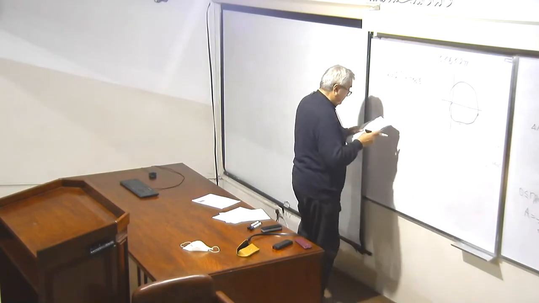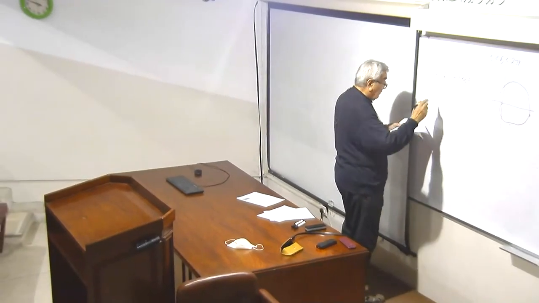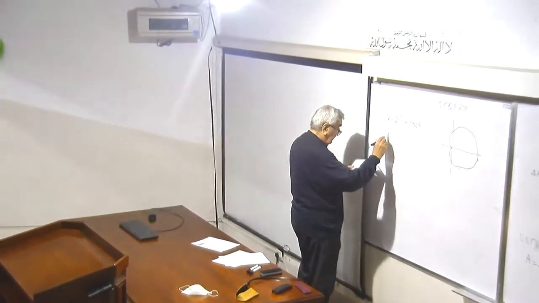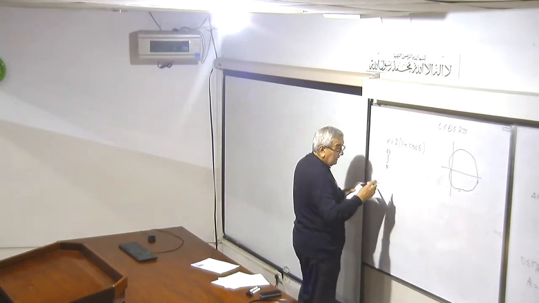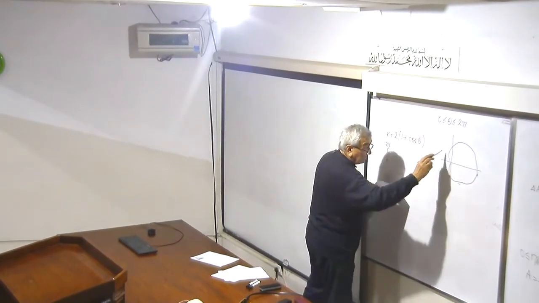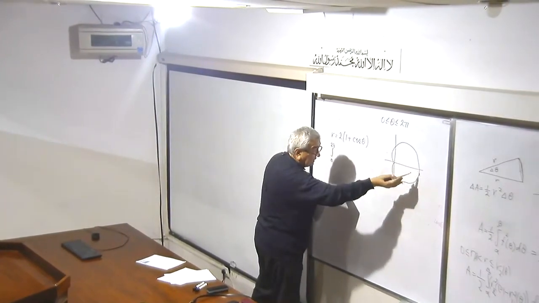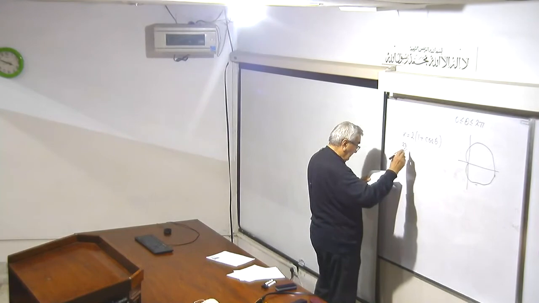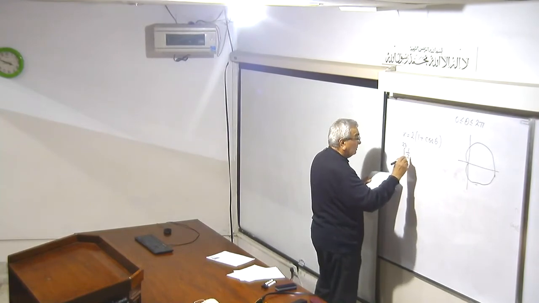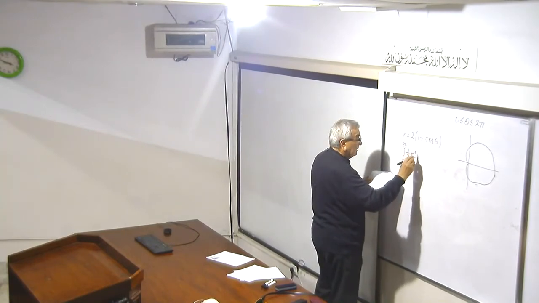That means it is necessary to find the area. Of course, the area should be from 0 to pi. Again, it is possible to calculate the area which is here and then double it. But it is possible to directly calculate this integral, 1 by 2 r squared d theta.